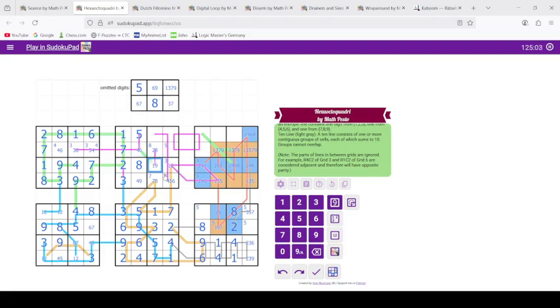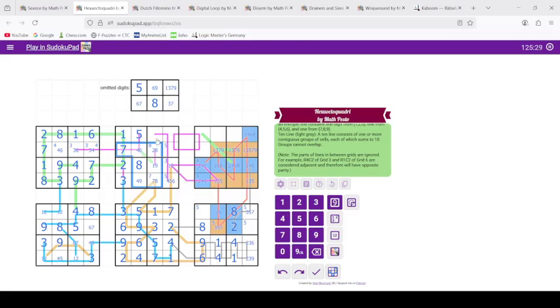Oh, wait, no. Does this have to be a 1 if that's a 3? 9, 8, 7.